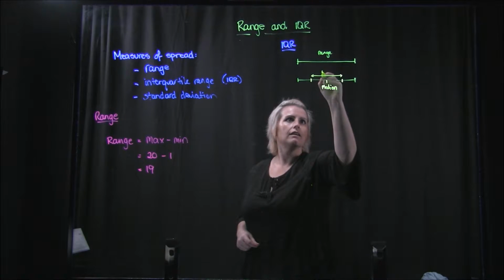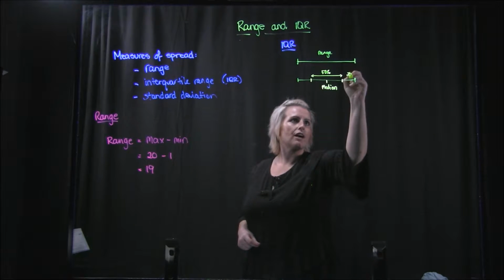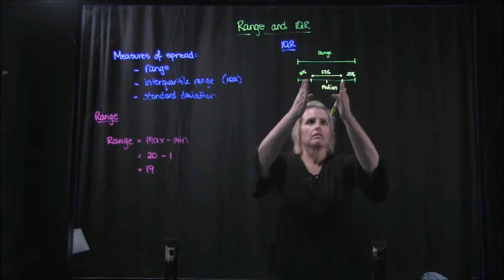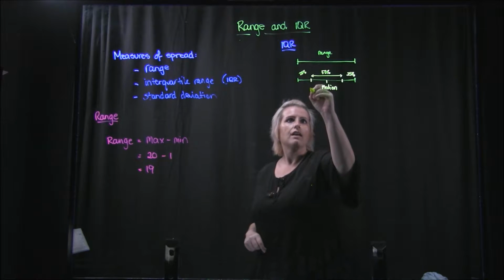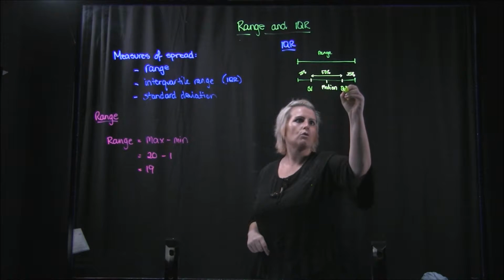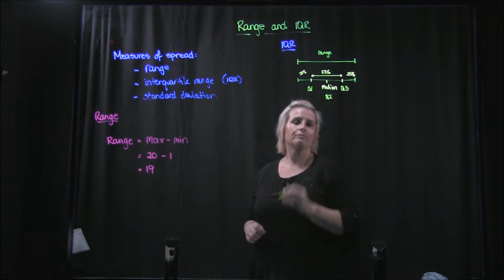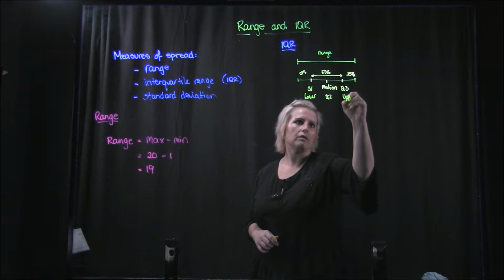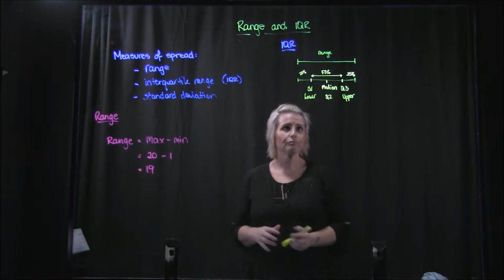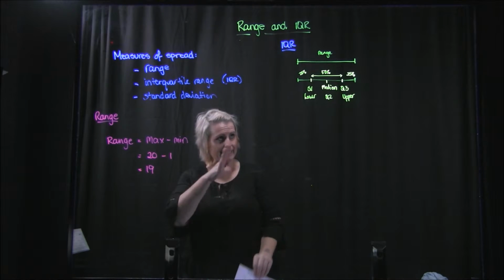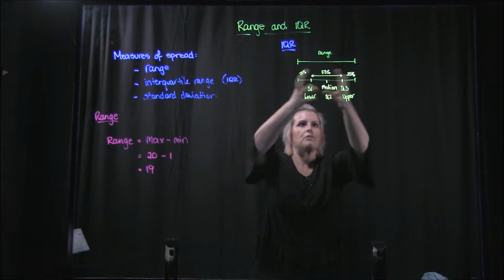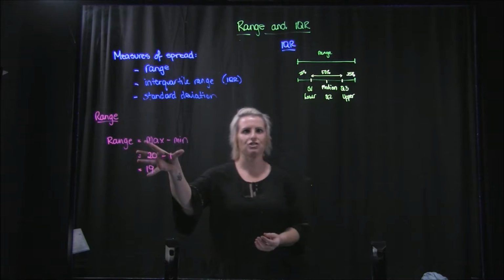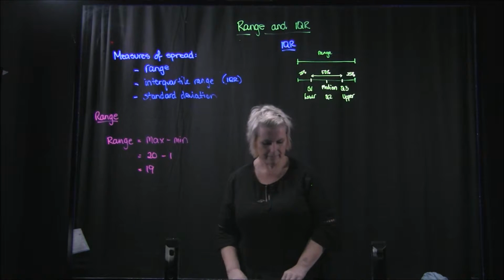This middle part is 50%, and there's 25% on either side. This one we call quartile 1, this one quartile 3, and the median is quartile 2. Quartile 1 is also referred to as the lower quartile and quartile 3 as the upper quartile. So we can start to see where the bulk of the data sits within those quartiles, which is a bit more information than just how large the spread is.